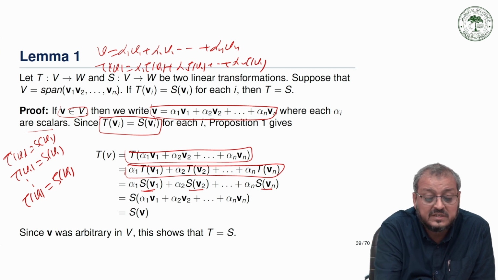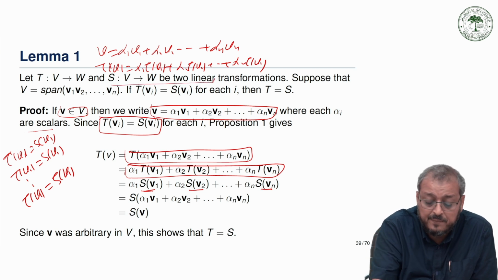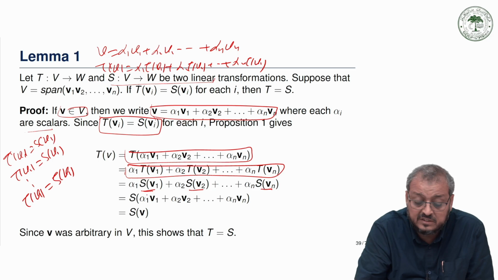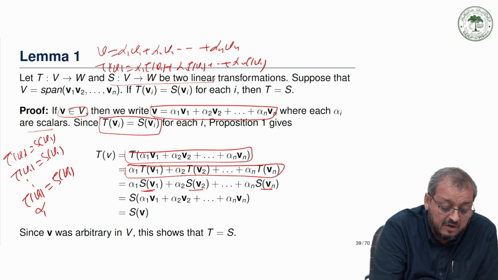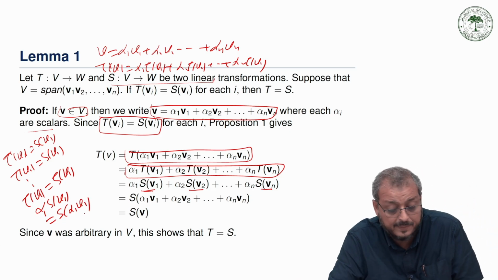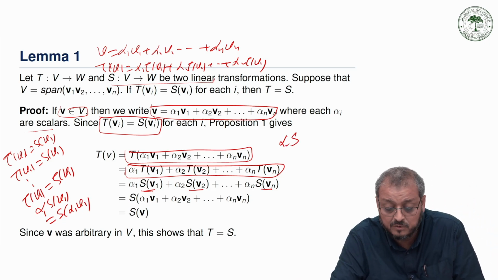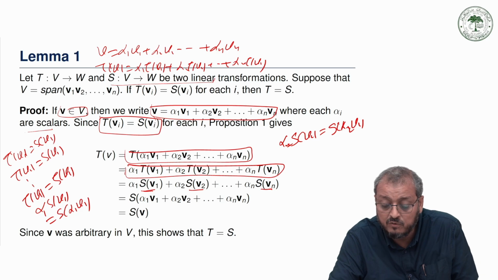And now because S is given as a linear map, alpha 1 S of V1 can be written as S of alpha 1 V1, alpha 2 S of V2 can be written as S of alpha 2 V2, and in the similar fashion alpha n S of Vn can be written as S of alpha n Vn.